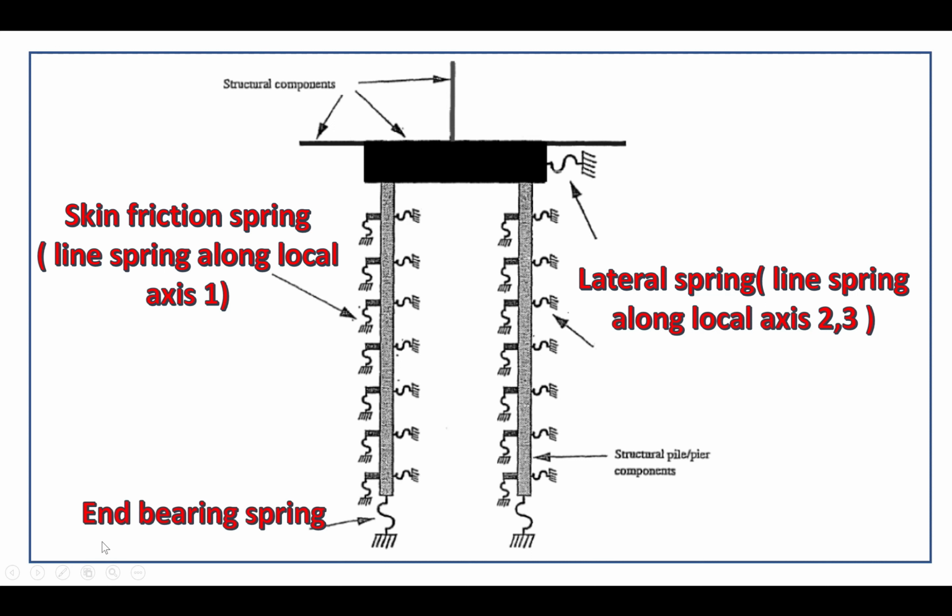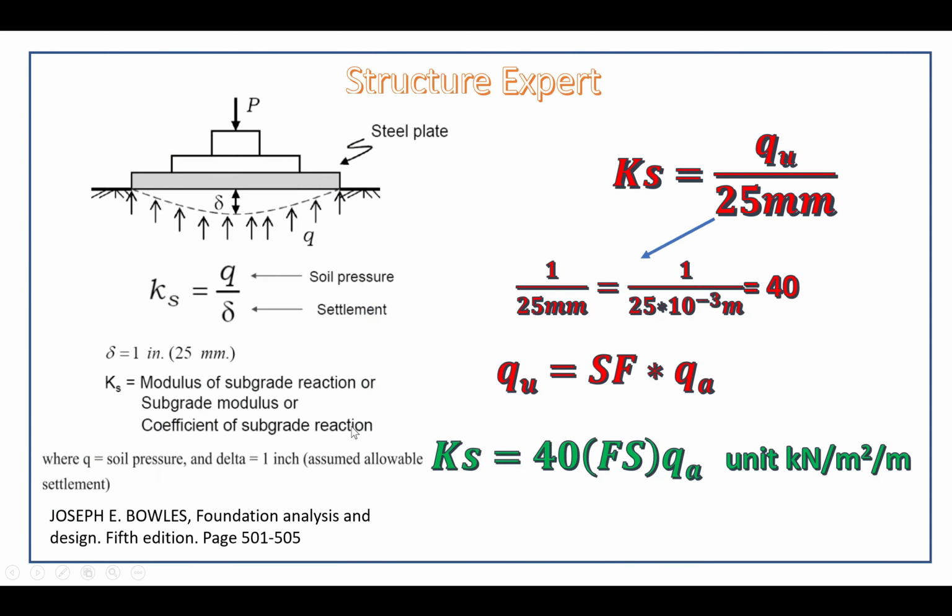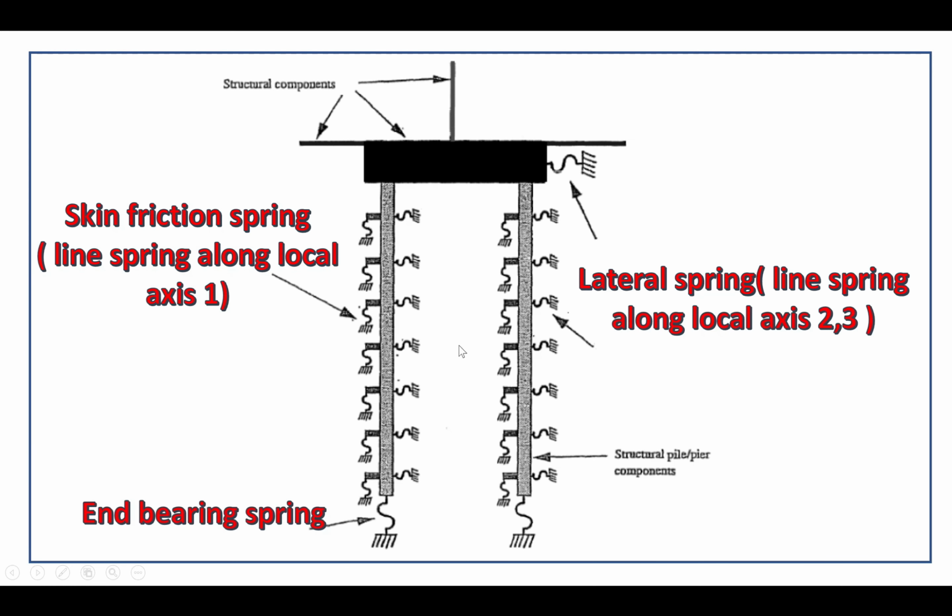And at the end we call it the end bearing spring. In the end bearing spring we can use the same as for the shallow foundation. You can check the previous slide in the reference of the bored pile. In this one we use it for the end bearing spring.